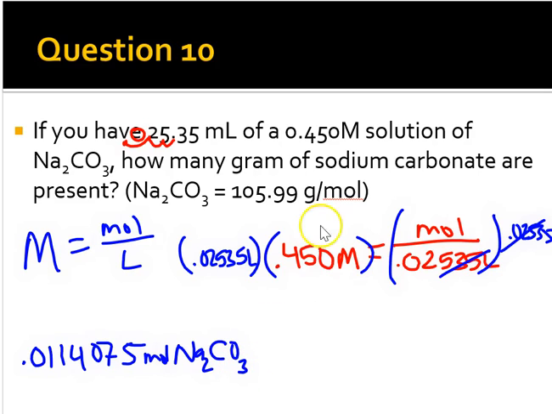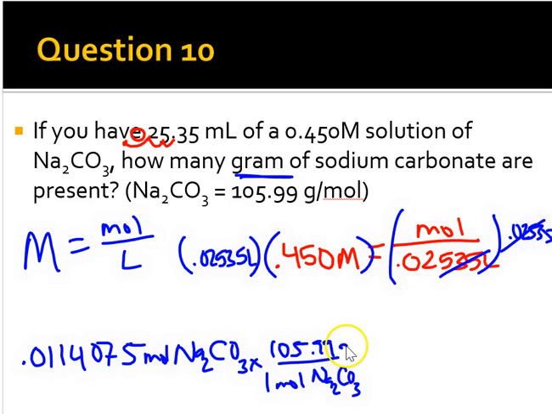I don't want to know moles. The problem's asking how many grams. So at this point, you just do a molar conversion. 1 mole of sodium carbonate is going to have a mass of 105.99 grams, because I provide that for you right there. So by multiplying those, the moles will cancel out, and I will end up getting my number of grams.